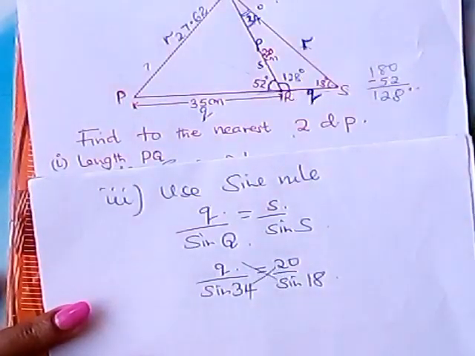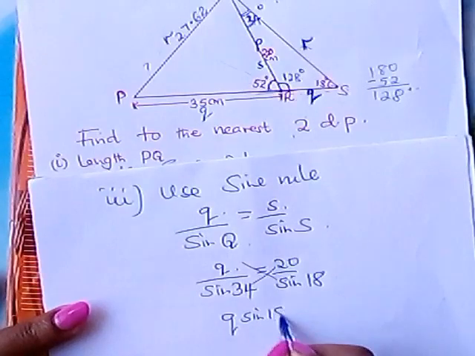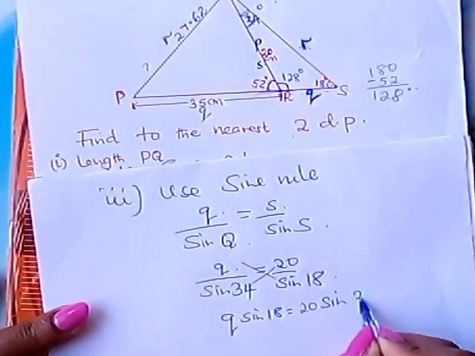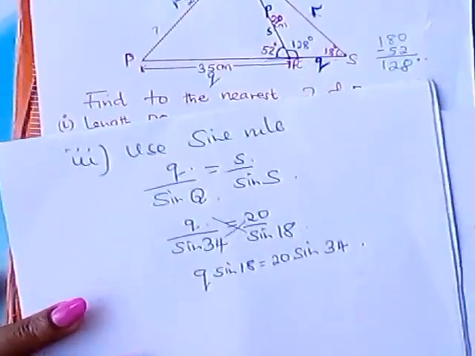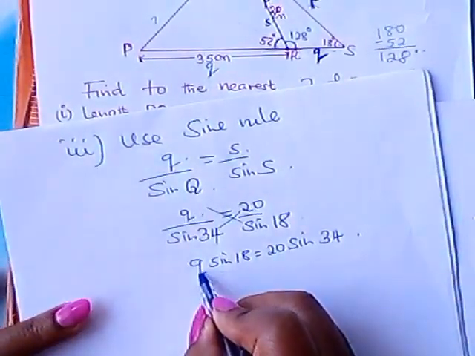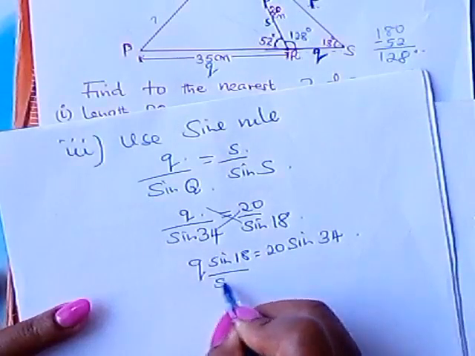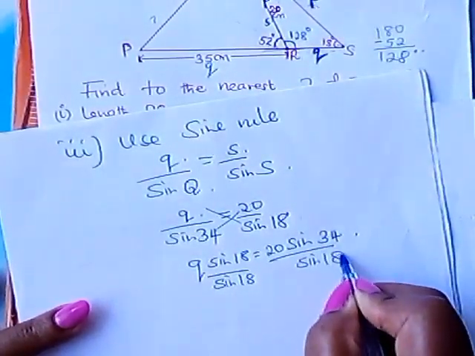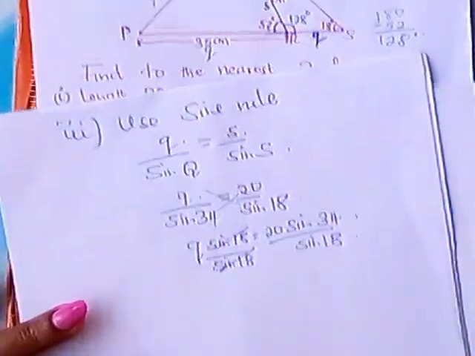Cross multiply, learner. We get Q sine 18 is equal to 20 sine 34. To make Q the subject, divide by sine 18 on both sides. This and this cancel out.